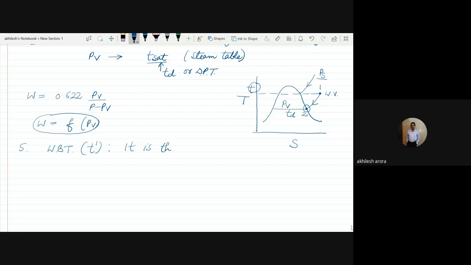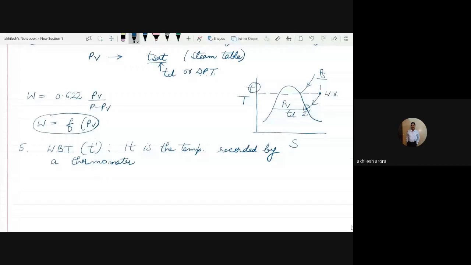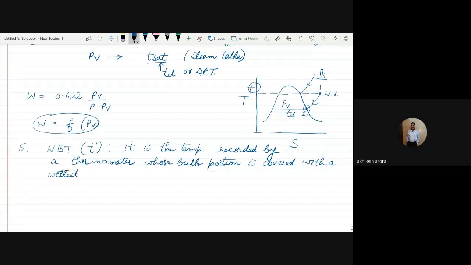It is the temperature recorded by a thermometer whose bulb portion is covered with a wetted wick. Wick means you can have a cloth like cotton.